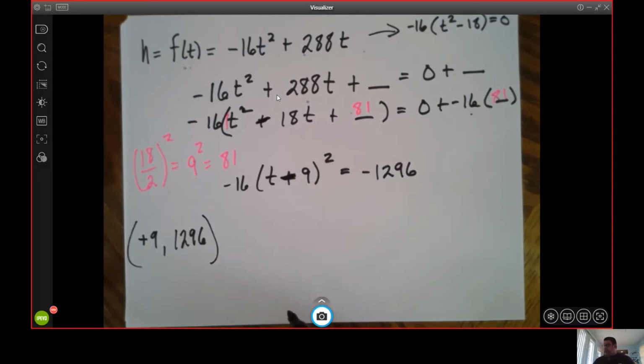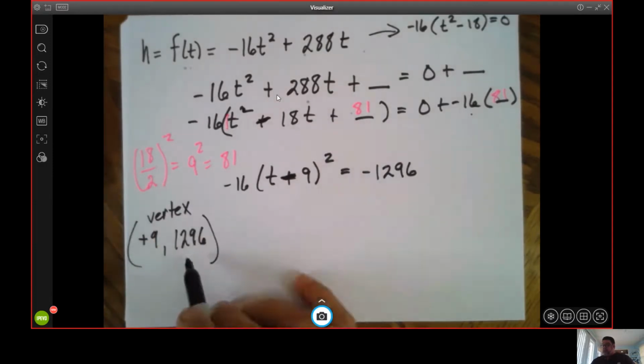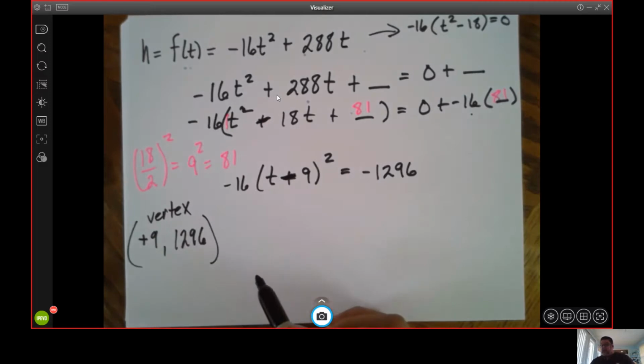I'll show you in just a minute when we graph it. So there's your vertex. At 9 seconds, that ball is almost at 1,300 feet in the air and it's starting to come down. That's the highest point, at 9 seconds. I'm assuming t is in seconds.